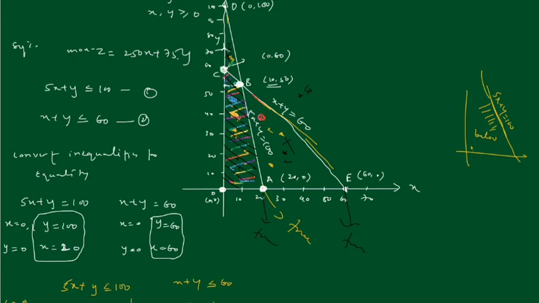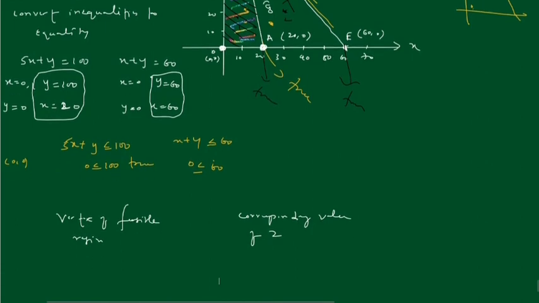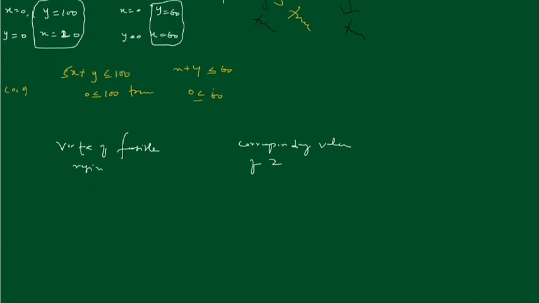These 4 points we can consider as the vertices of the feasible region, right? Next, we have to substitute the corresponding values, and we will get the maximum or minimum value of the objective function. So let's see: 0, 0; c 0, 60; b 10, 50; a 20, 0, right?